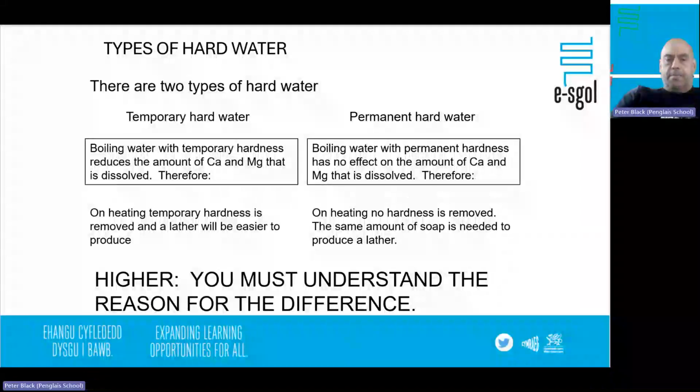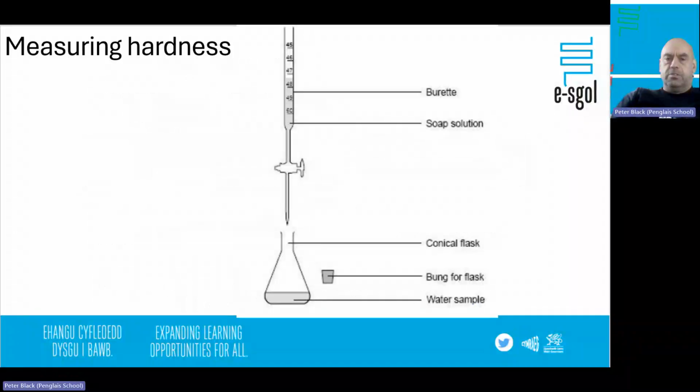Now, for the higher candidates, you need to understand why boiling temporary hard water makes it soft. It's quite difficult, challenging chemistry, and if I get time I might go on to it in the presentation here, but I'll put it onto the slides anyway if you want to look at that yourselves.